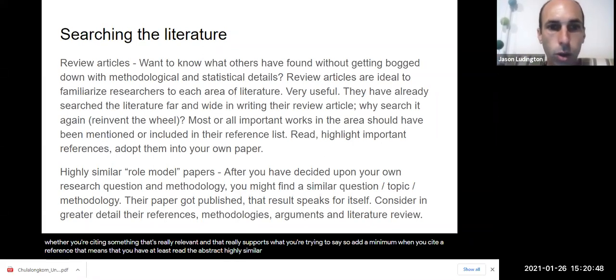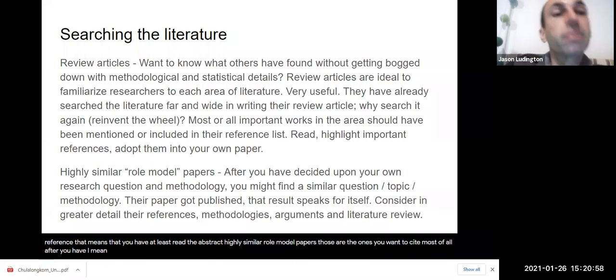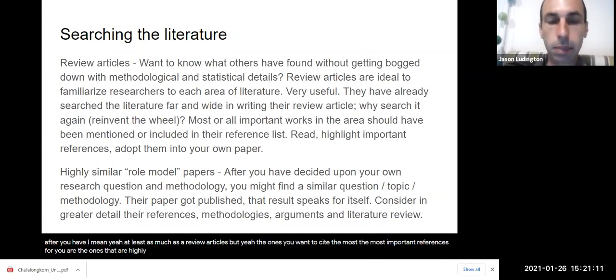Highly similar role model papers. Those are the ones you want to cite most of all. At least as much as review articles, but the most important references for you are the ones that are highly similar to your study, your paper.